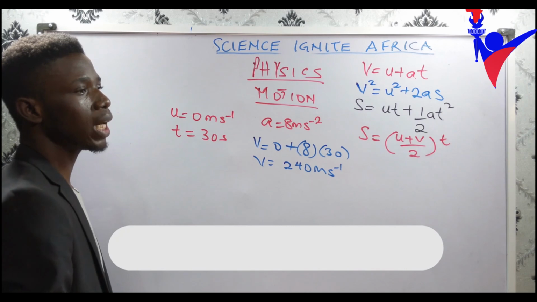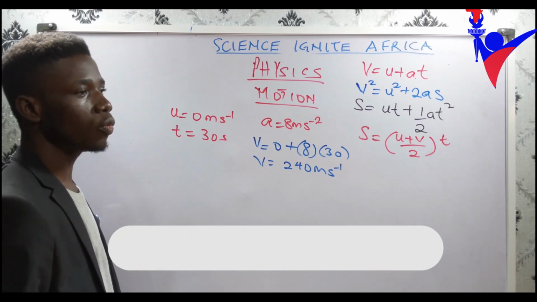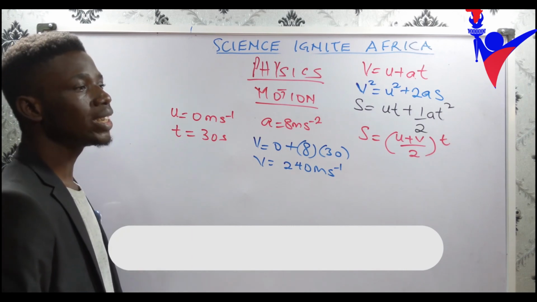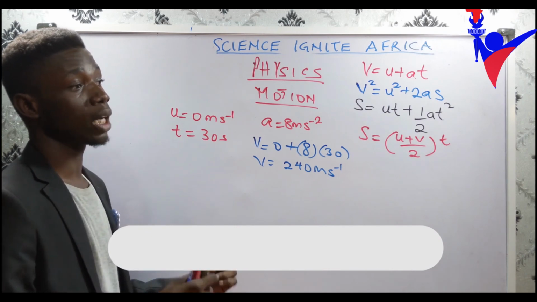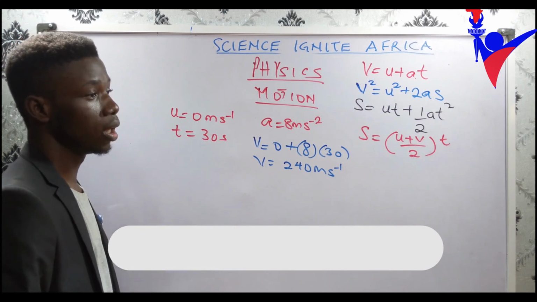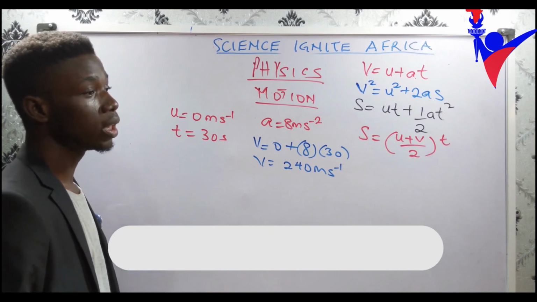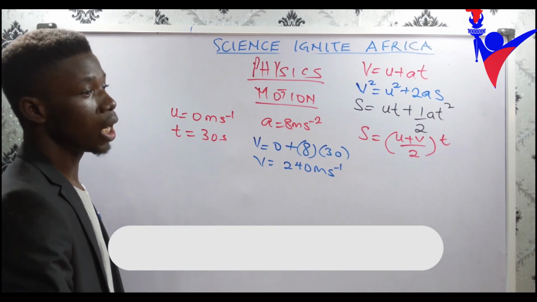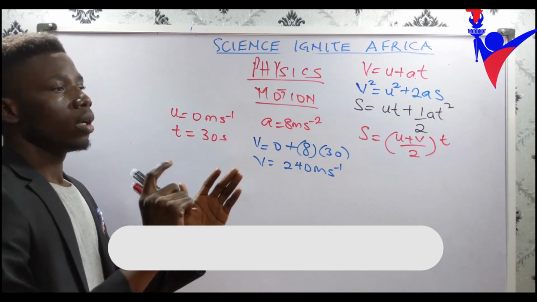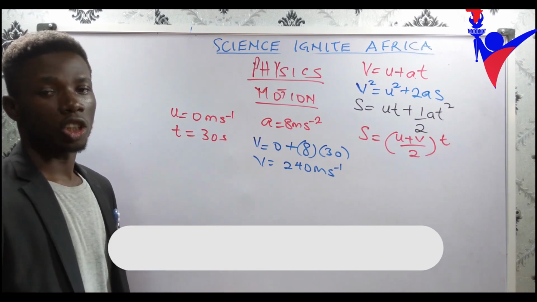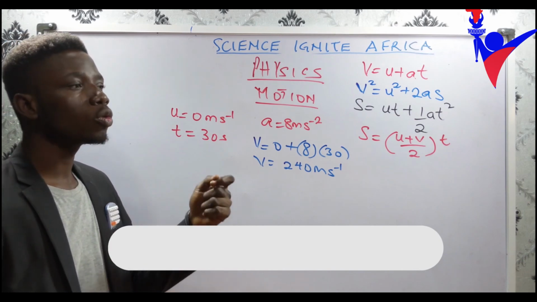The body maintains the speed attained for 60 seconds, after which it was brought to rest in 20 seconds. The question wants us to sketch the velocity time graph of the motion. That's a very, very important thing. The question wants us to find the maximum speed, find the average retardation, and also find the total distance covered throughout the journey.